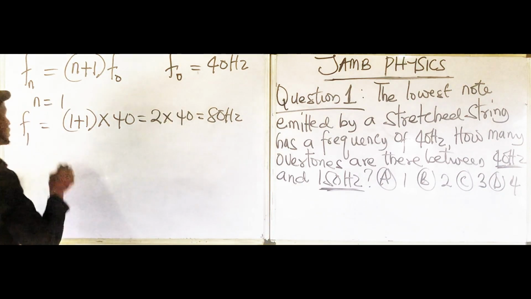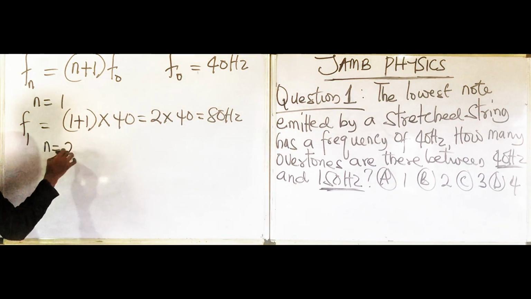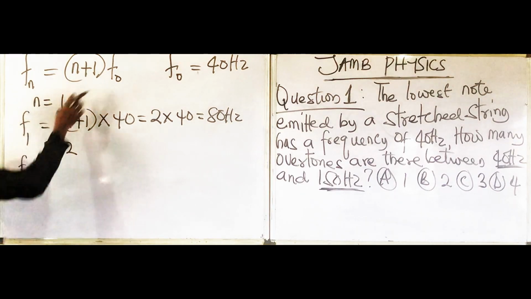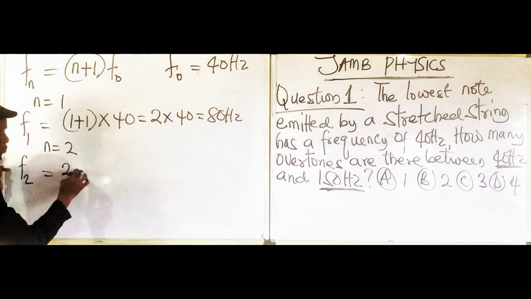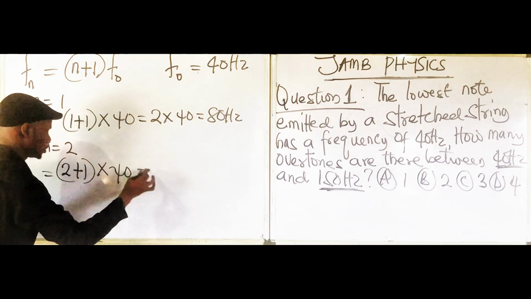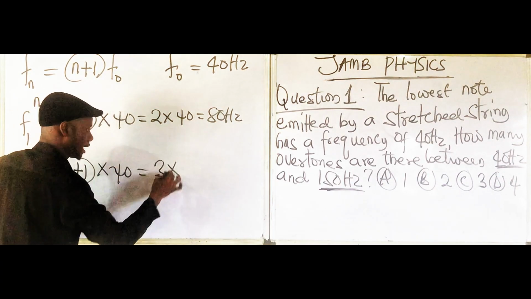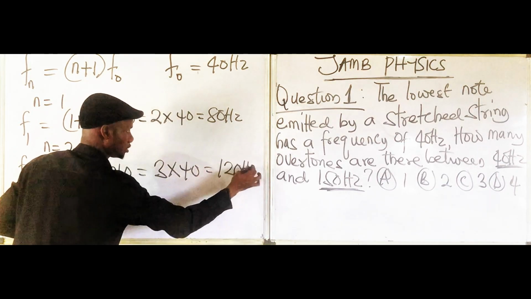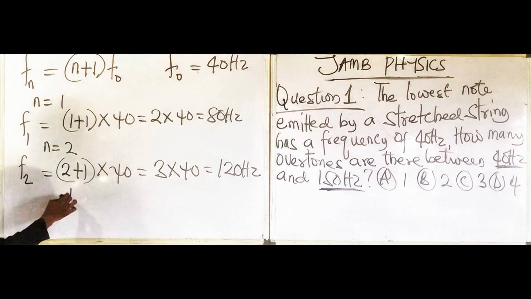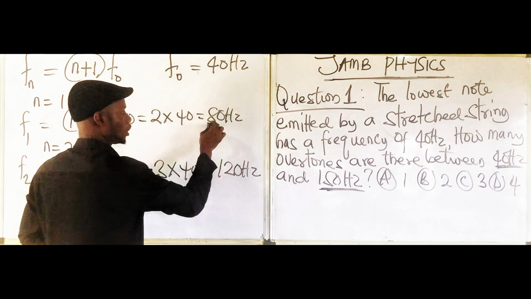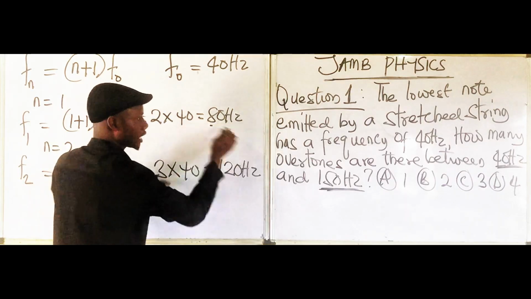Okay. Now let's check when n is equal to 2. So F2 is equal to, using this formula here, 2 plus 1 times 40. This will be equal to 3 times 40. What is the answer? 120 Hz. Now let's check when n is equal to 3, because this one here is not above 150.